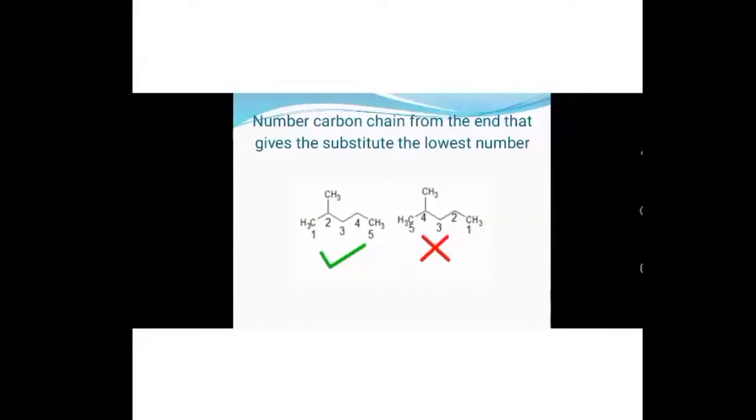Then in the structure on the right, the numbering starts from the right, giving the CH3 the 4th position. The rule says that we have to number from the end that gives the substituent the lowest number. So to obey this rule, we have to adopt the structure on the left, which gives the CH3 the 2nd position.